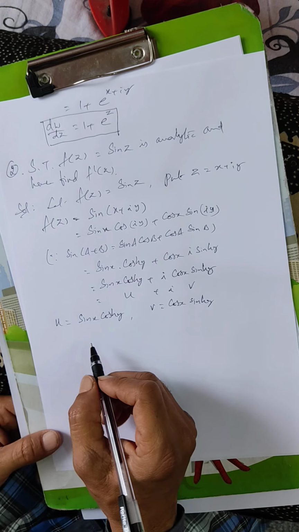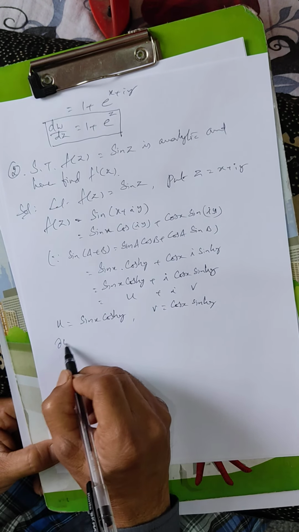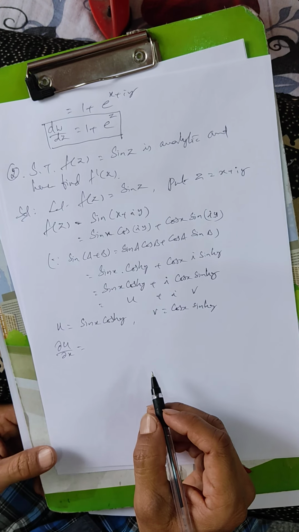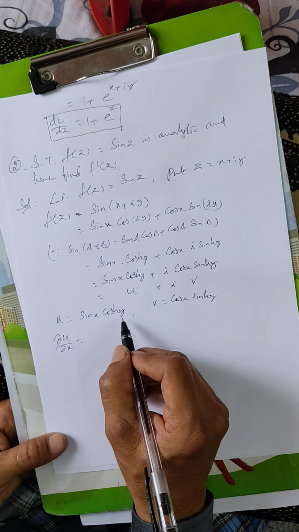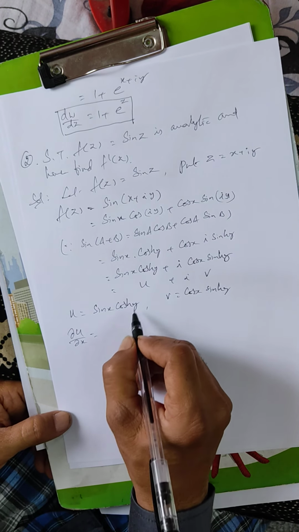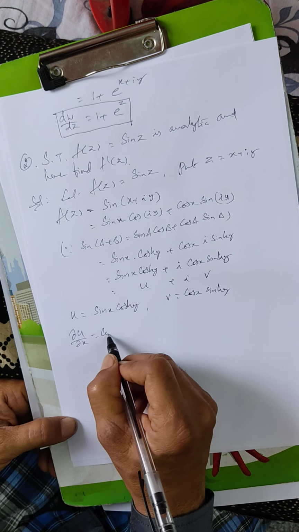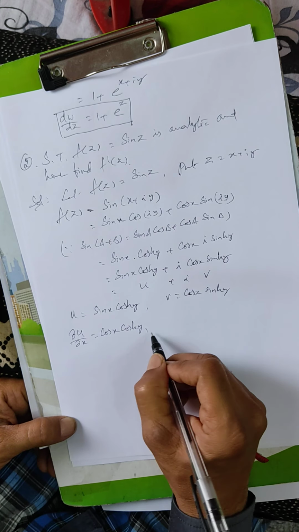Now let us find the partial derivatives with respect to x and y. First, differentiate with respect to x partially. Dou u by dou x is equal to, keeping cos hy constant, derivative of sin x, which is cos x into cos hy.